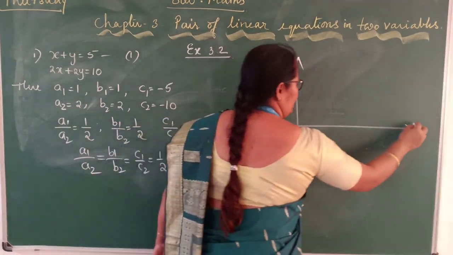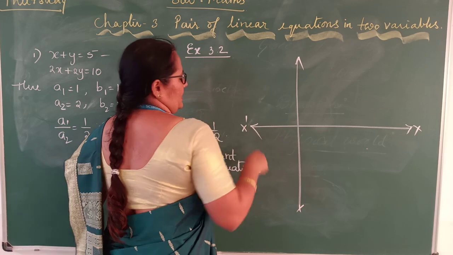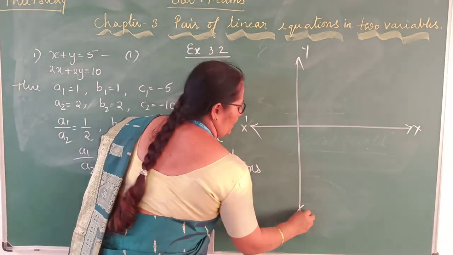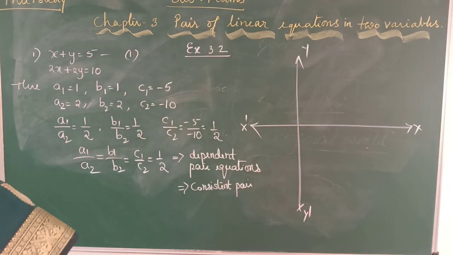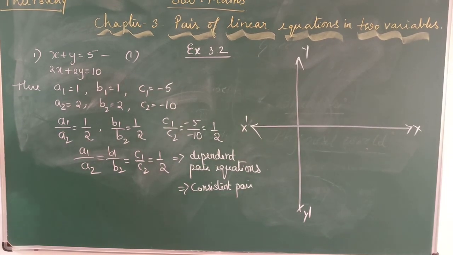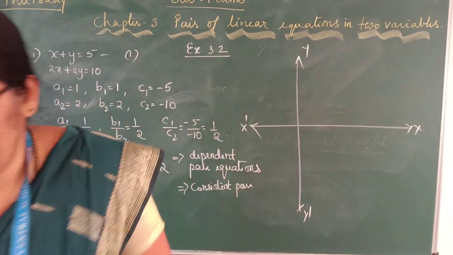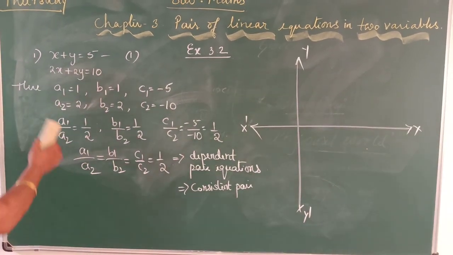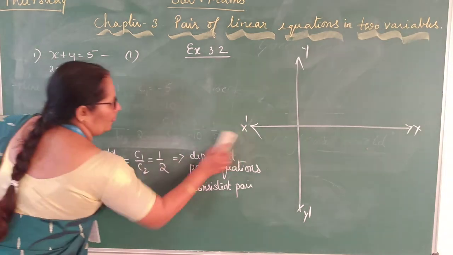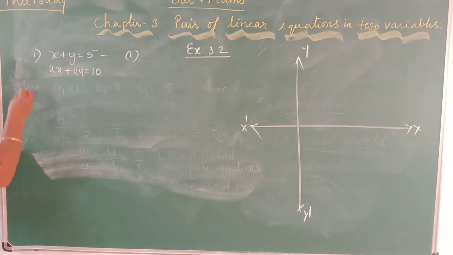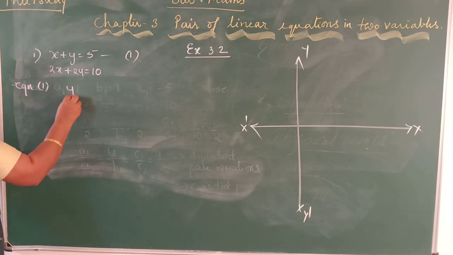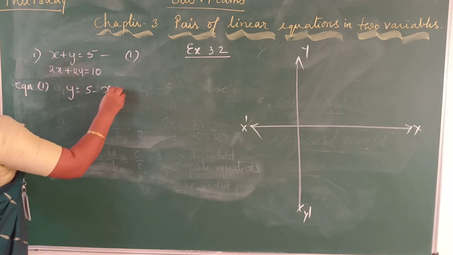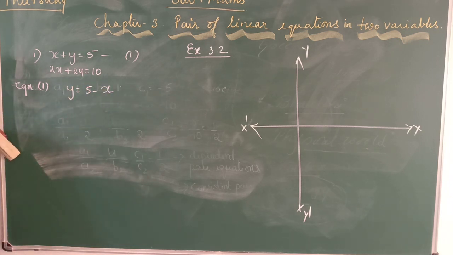Draw the x-axis, horizontal axis, and the vertical axis y dash. Now we have to find the coordinates for x and y. Now, in the first equation, equation 1, y equals 5 minus x.